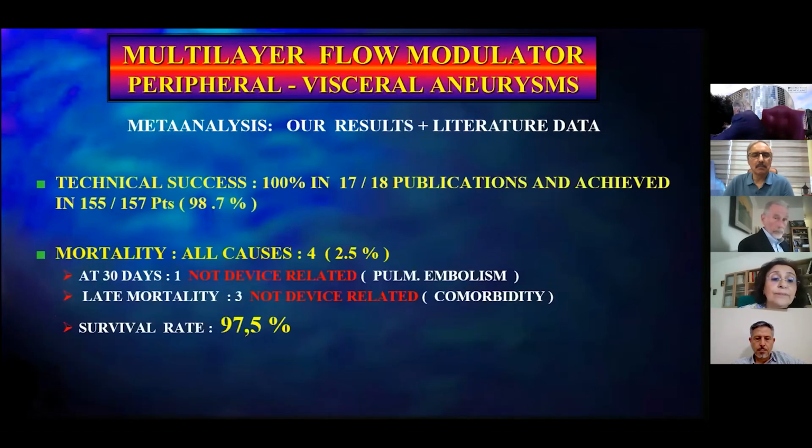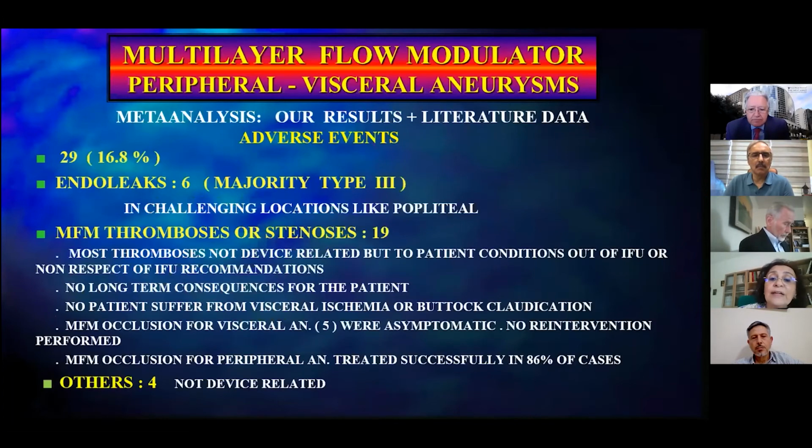There was technical success for all the procedures. There were 4 cases of mortality, but not device-related. There were 6 embolic type 3 events and 19 MFM thromboses or stenoses, but these were treated successfully by implantation of another MFM in 86%.